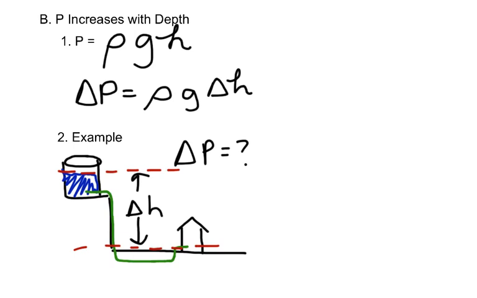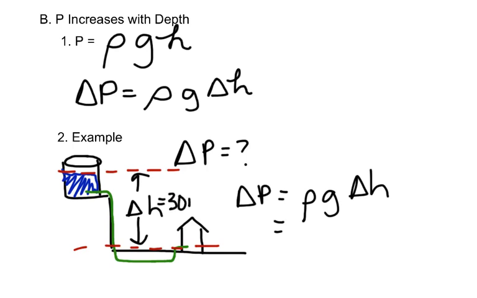So what is the change in pressure between the top of the water level in the water tower to where the water goes into the house? And so the formula we're going to use for that is rho g delta H. Let's go ahead and say that our delta H value is 30 meters.